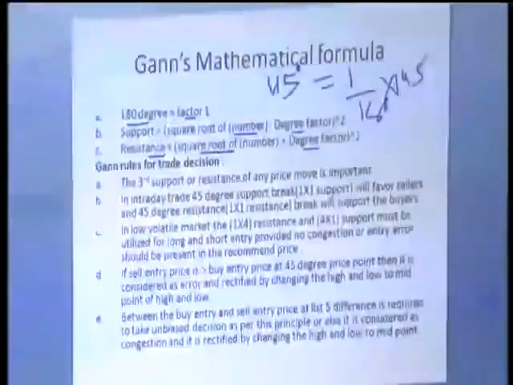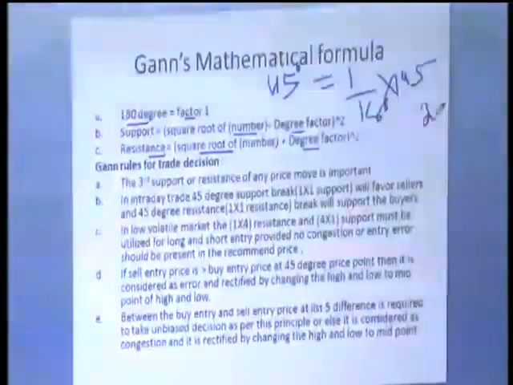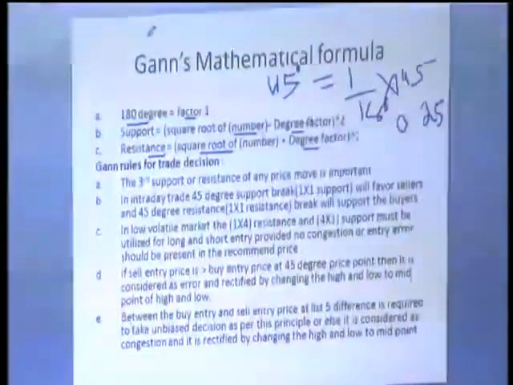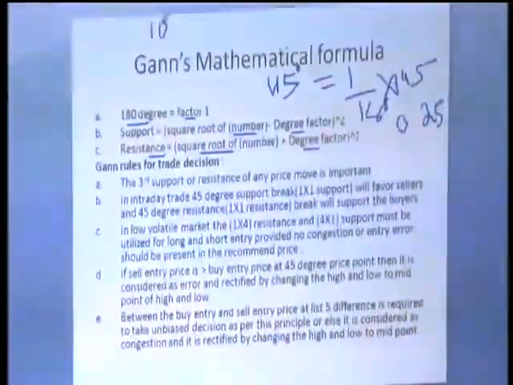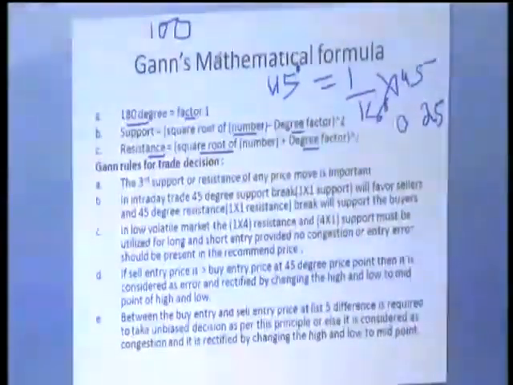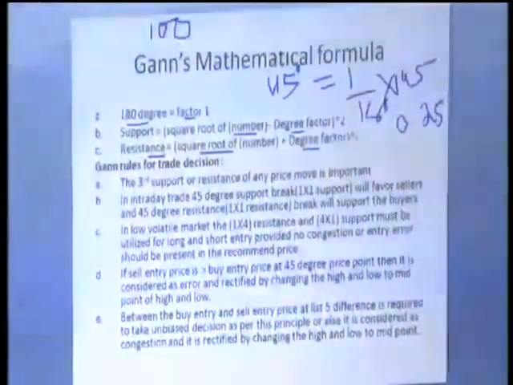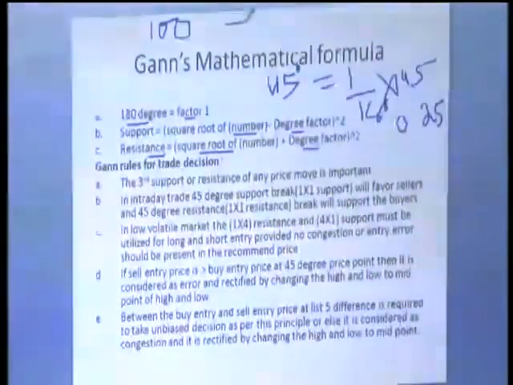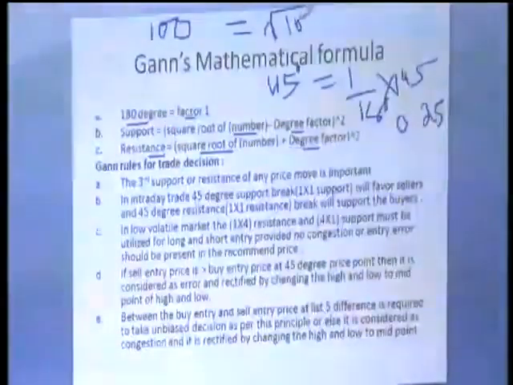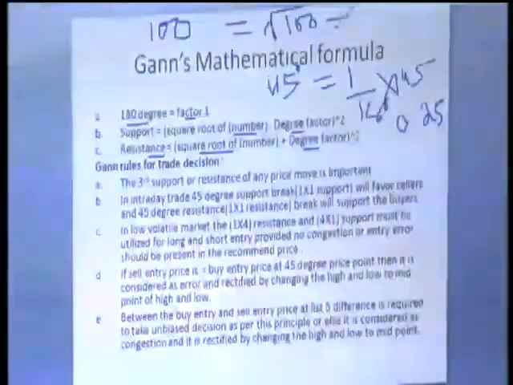Nifty into 45, which is coming to 0.25. So this is the degree factor for 45 degrees. Suppose my price is 100 and I need the 45 degree support trend line, how can I proceed? I'll take the square root of 100, which comes to 10.